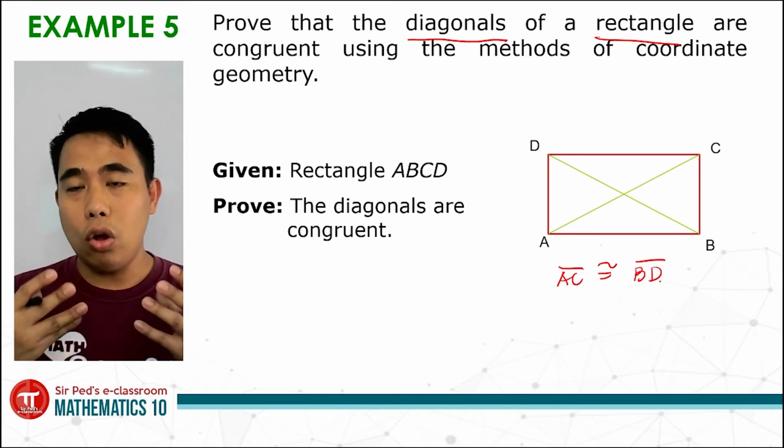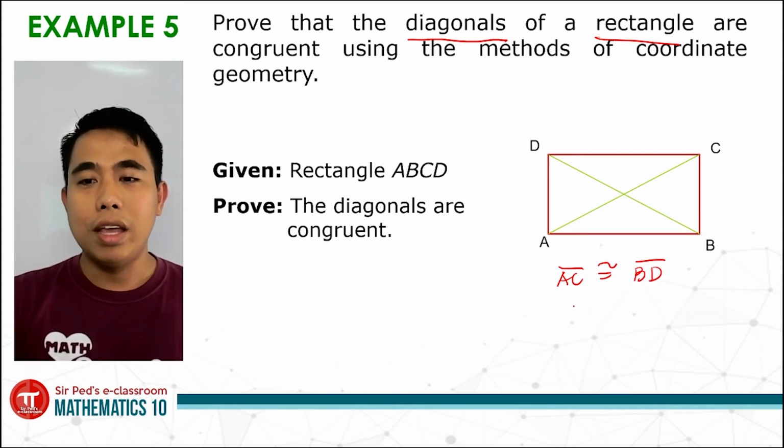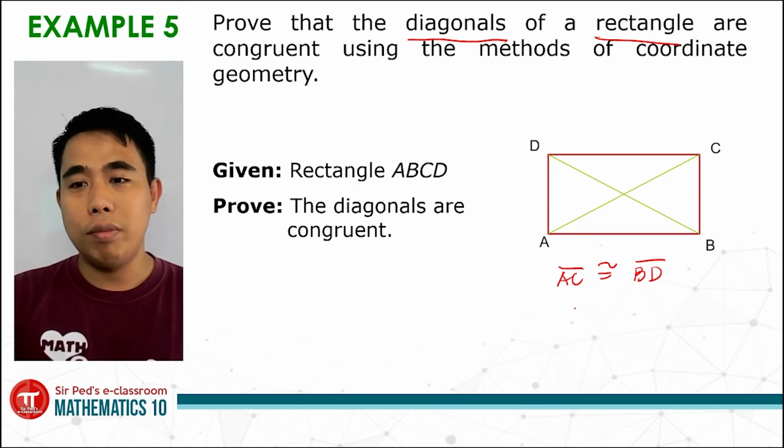So, we can only say that the two diagonals are congruent using coordinate geometry if their corresponding lengths are equal.